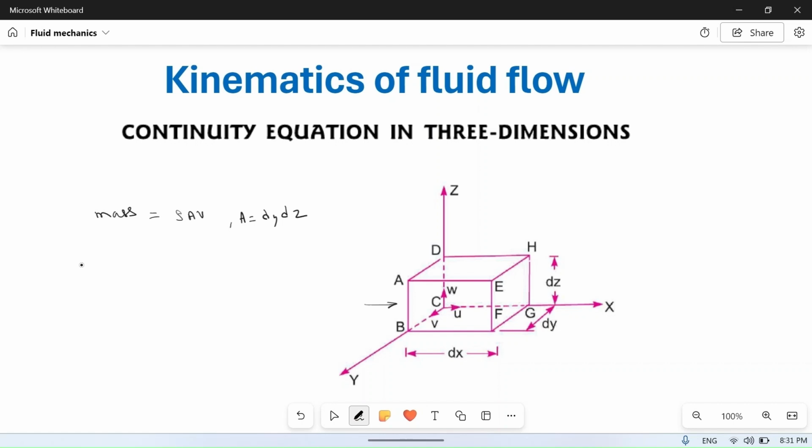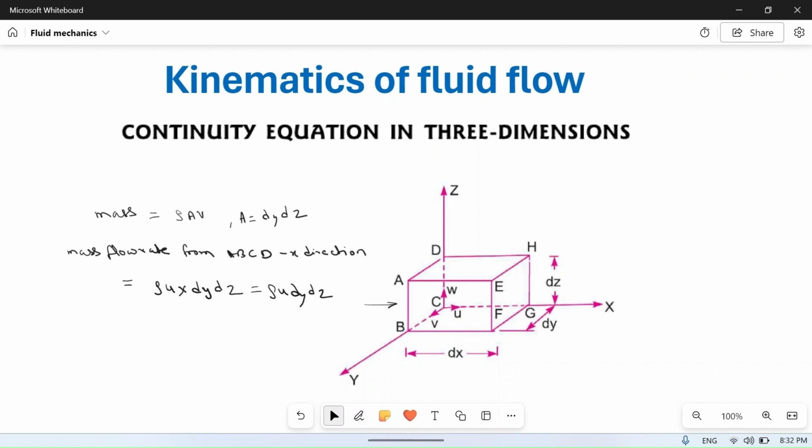So the mass flow rate from ABCD in the x direction is density rho into velocity in the x direction u into area dy dz, or you can write it as rho u dy dz.